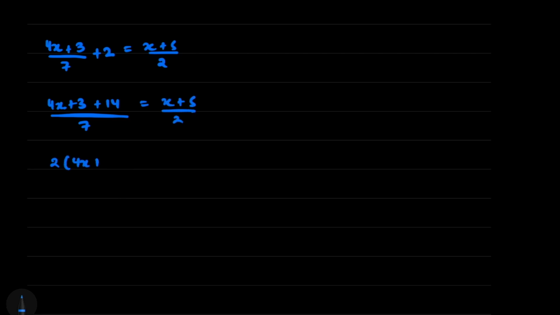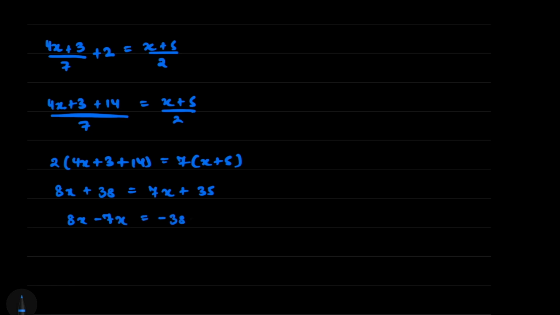So we get 2 into 4x plus 3 plus 14, 7x plus 5. 8x plus 3 plus 4 is 17, 7x plus 35. So we'll get 7x and 8x together. And then we have 38 9 plus 35. That gives us minus 3. So x is equal to minus 3. That's how we solve it.